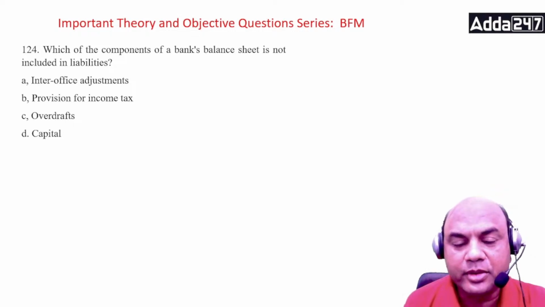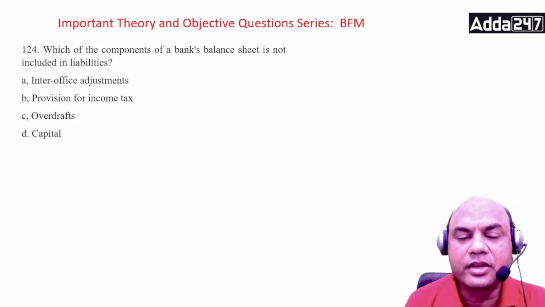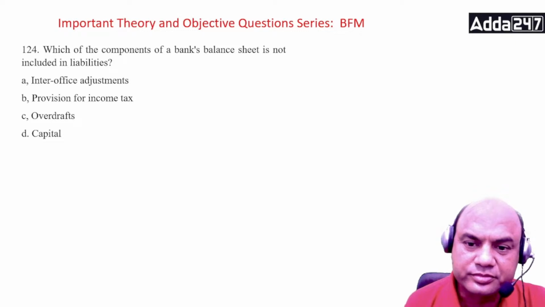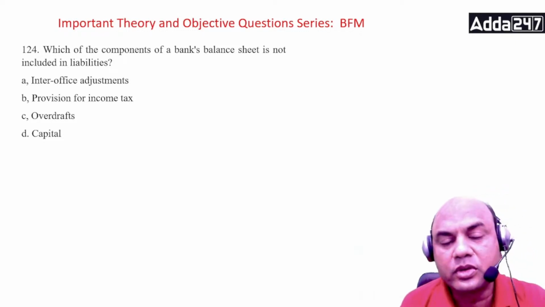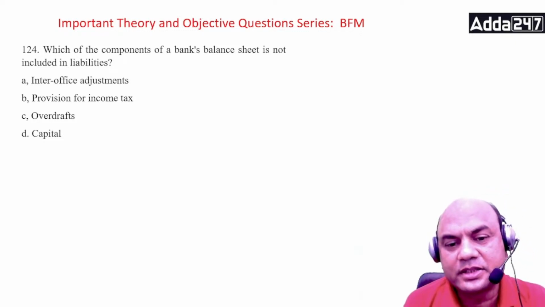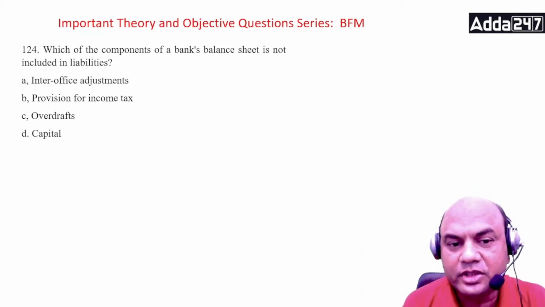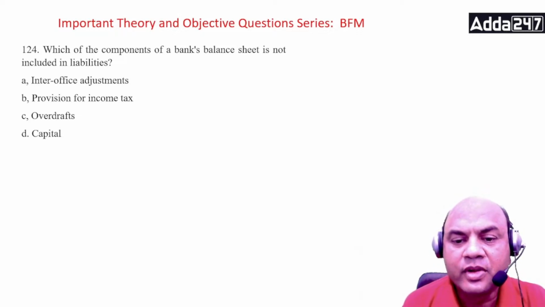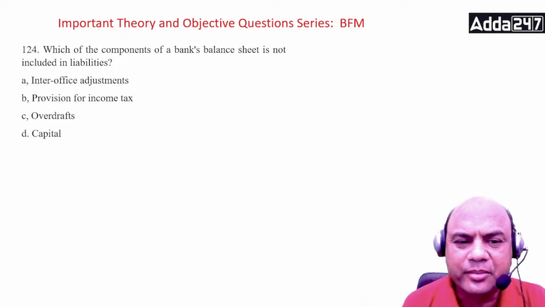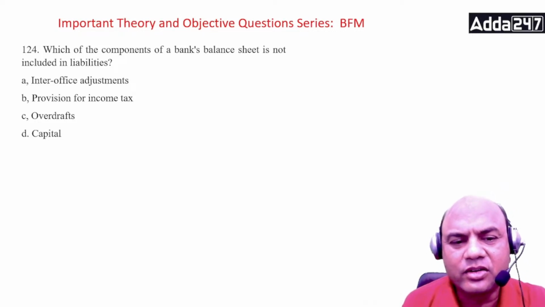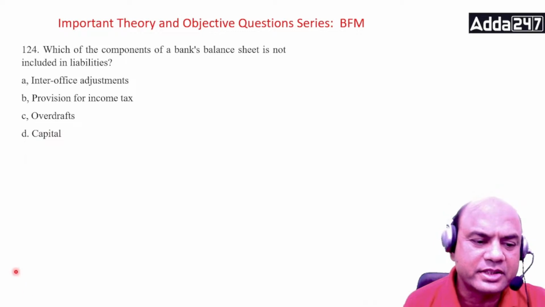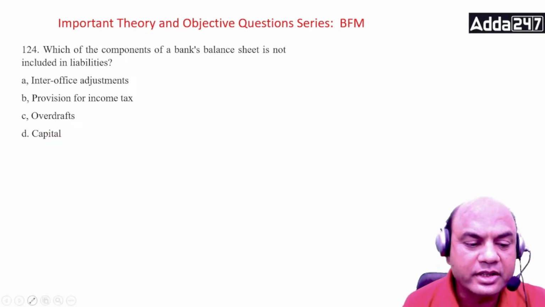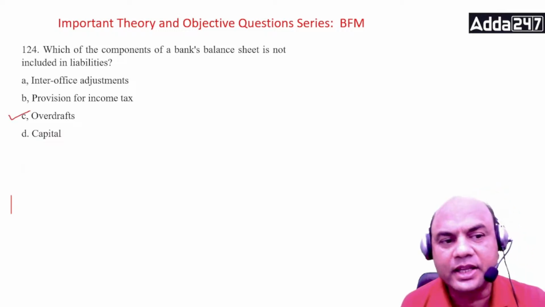ODs are repayable on demand, though there may be a specific due date also. They are shown on the asset side of the bank's balance sheet. These are the assets, so these are not liabilities. The remaining things, capital, inter-office adjustments, and provisions, are all liabilities. So the basic answer here is OD. It's an asset.